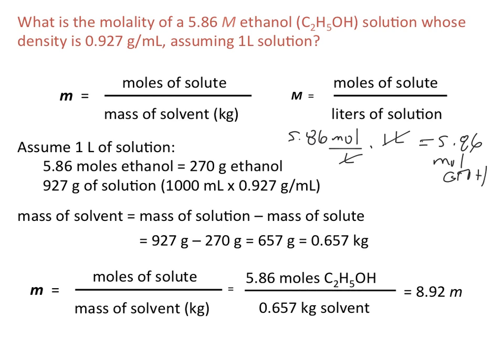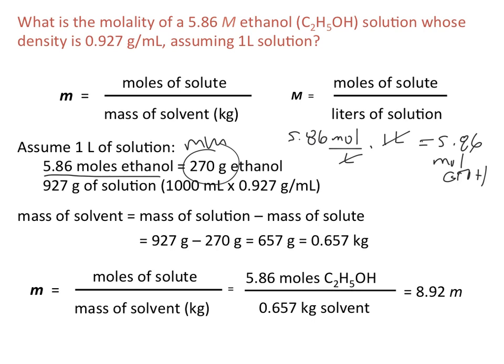So we know this value. Now if we do a simple conversion from moles of ethanol into grams of ethanol using our molar mass, we get 270 grams of ethanol. So now we know the mass of the solute that is in the solution.